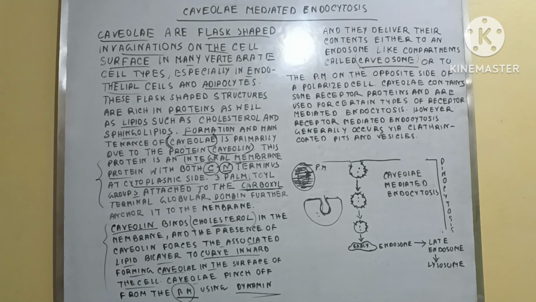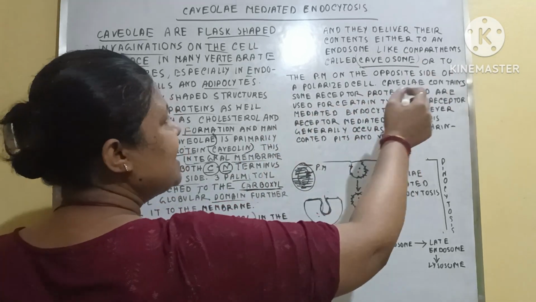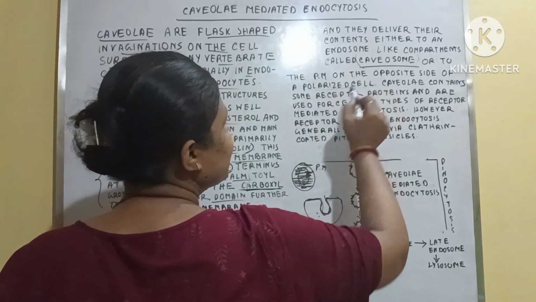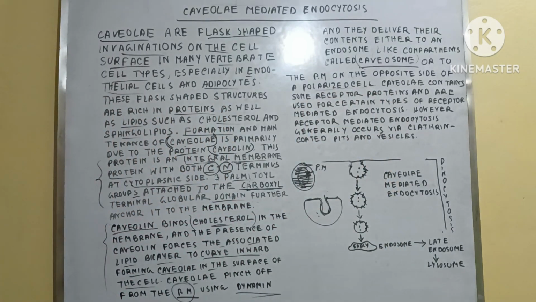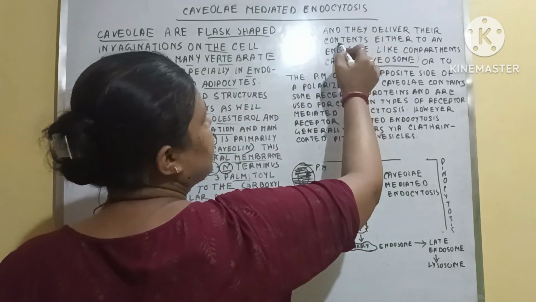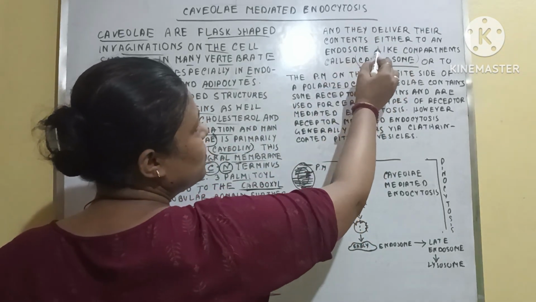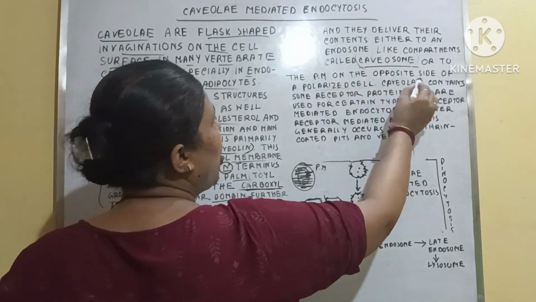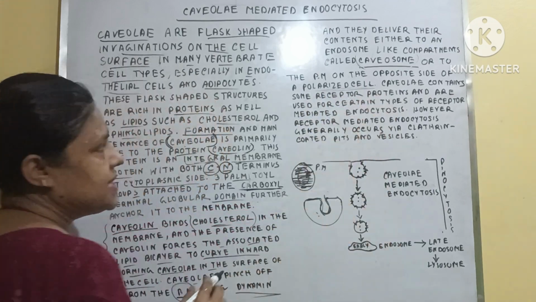So either it forms a caveosome-like structure, one kind of compartment called the caveosome, or it releases its contents on the opposite side of the polarized cell. Okay, I am saying again: they deliver their contents either to an endosome, that is nothing but the caveosome, or to the opposite side of the polarized cell.